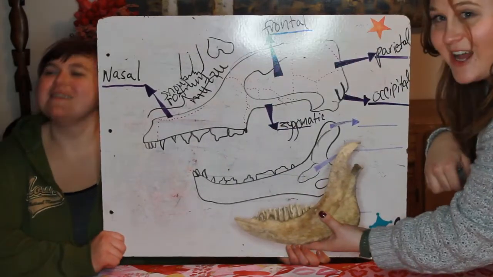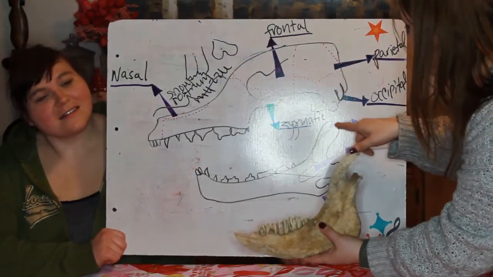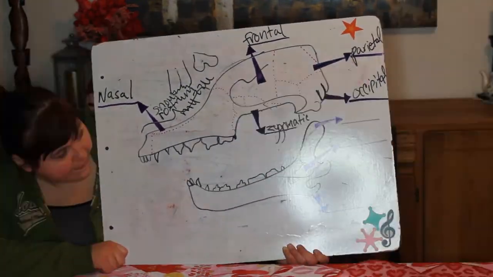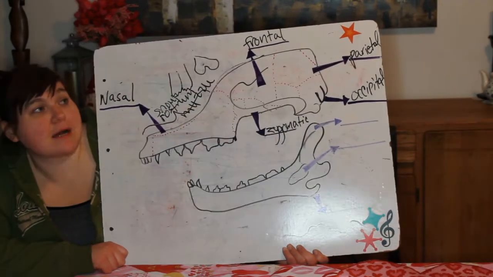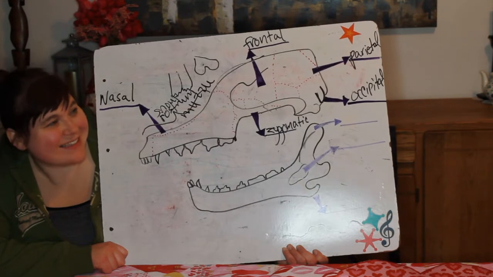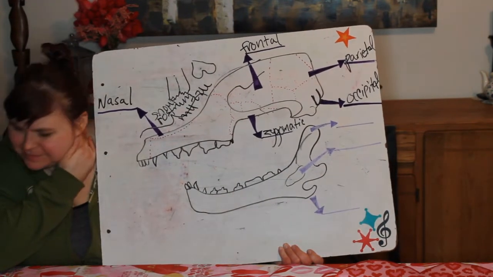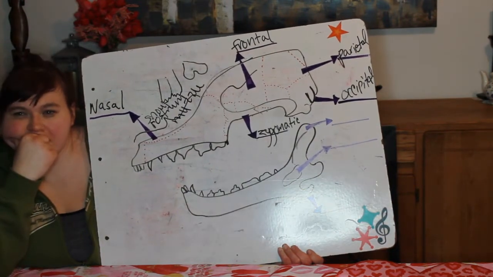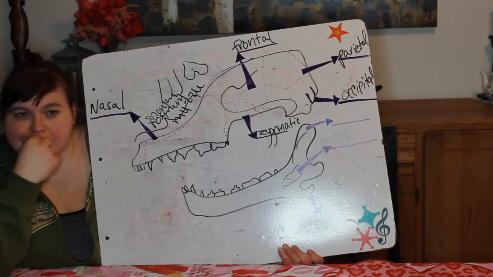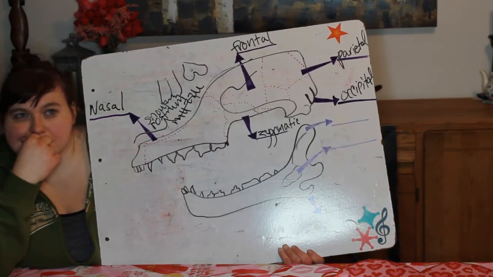The first thing we're going to talk about is this right here, which on the picture is this right here. This is the flattened projection above the angle of the jaw. This is where the temporalis muscle attaches. Is this the coronoid process, the mylohyoid line, or the angular process? The coronoid process. Yes.